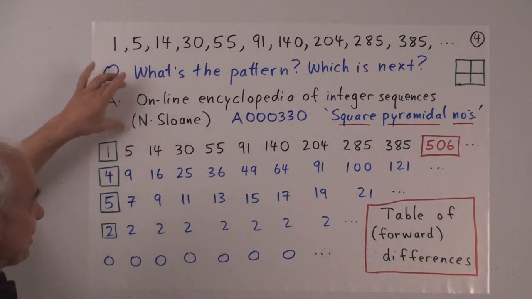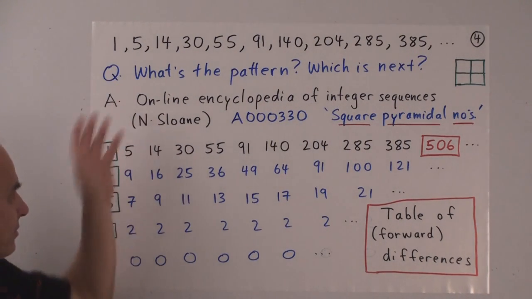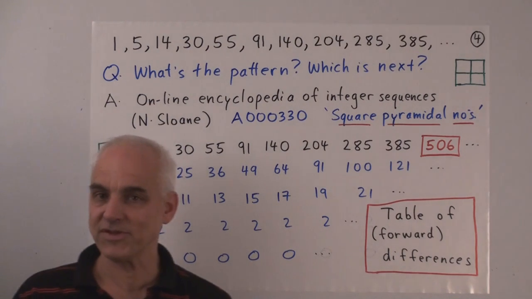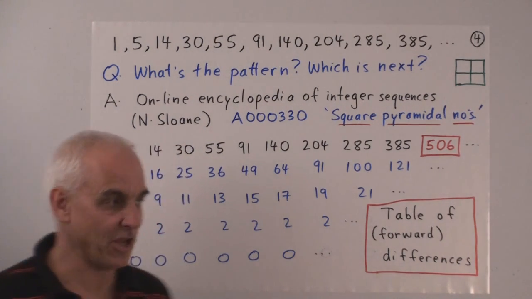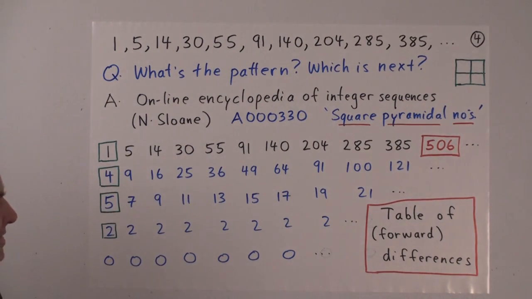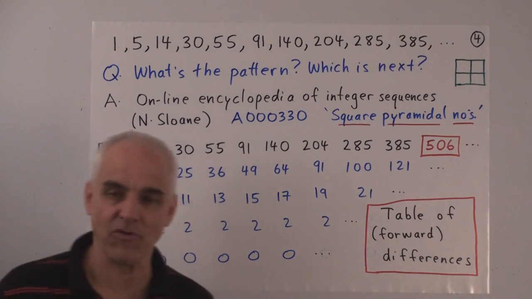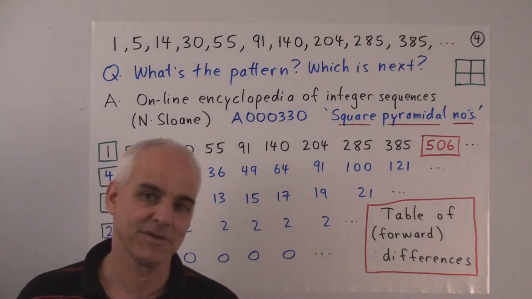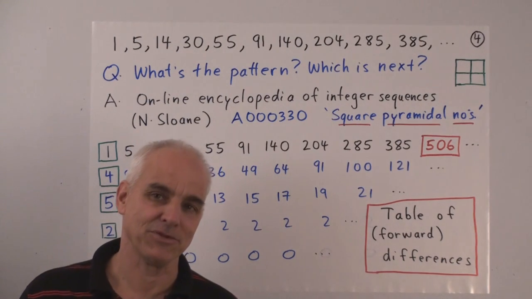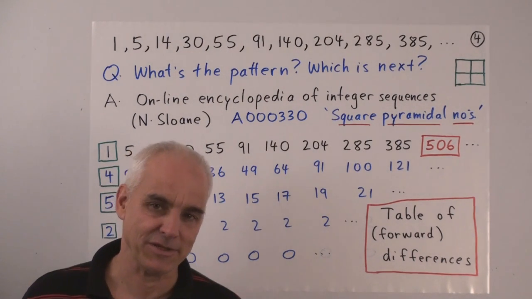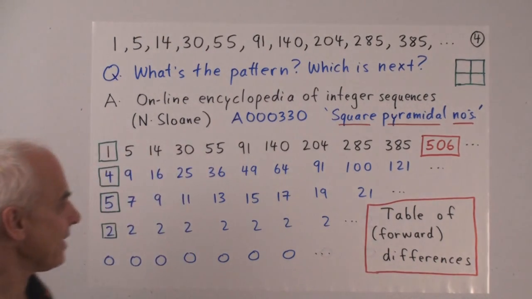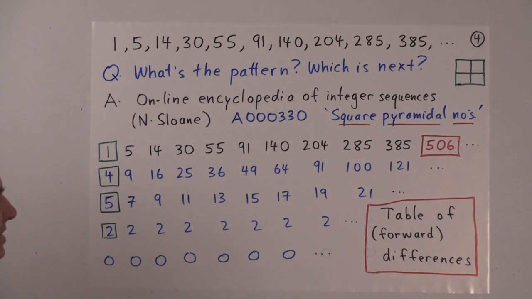Now suppose that we didn't know this. Suppose we were working 30 years ago when this online resource wasn't available. How would you analyze a sequence like this to try to figure out what the next pattern is? Well, there's a tried and true method that goes back at least to Newton, probably to the ancient Chinese or Indians or someone. It's a very natural idea.